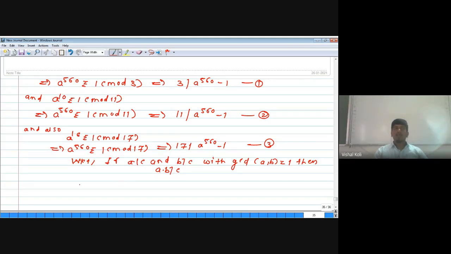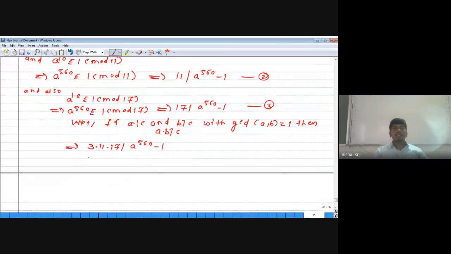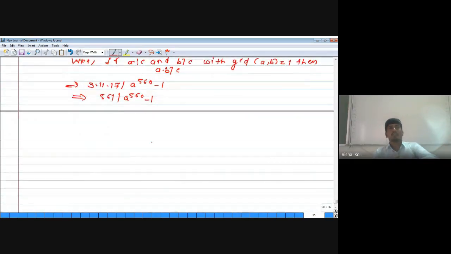That is, they are relatively prime, which implies 3 into 11 into 17 divides a to the power 560 minus 1. But 3 into 11 into 17 is nothing but 561. So 561 divides a to the power 560 minus 1. Now here we have to use the definition of congruence. That is, an integer n divides the difference of two integers a and b, which implies a to the power 560 is congruent to 1 modulo 561.